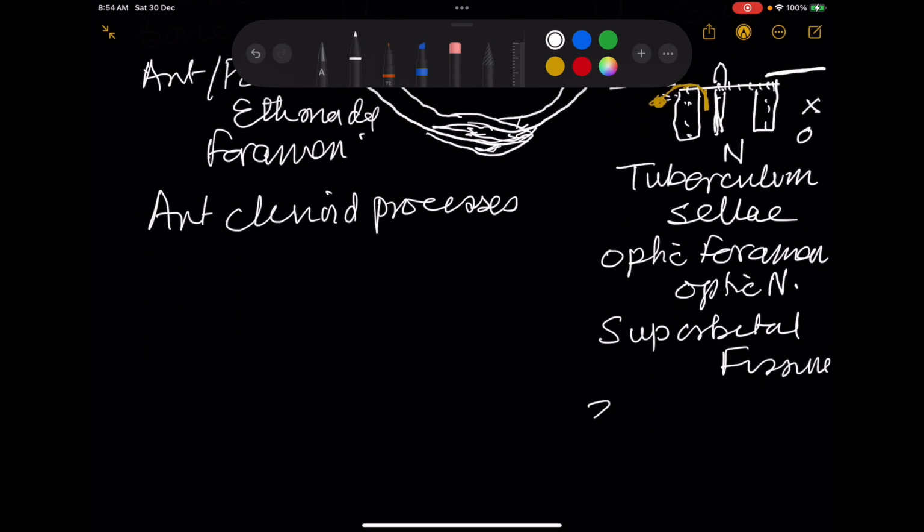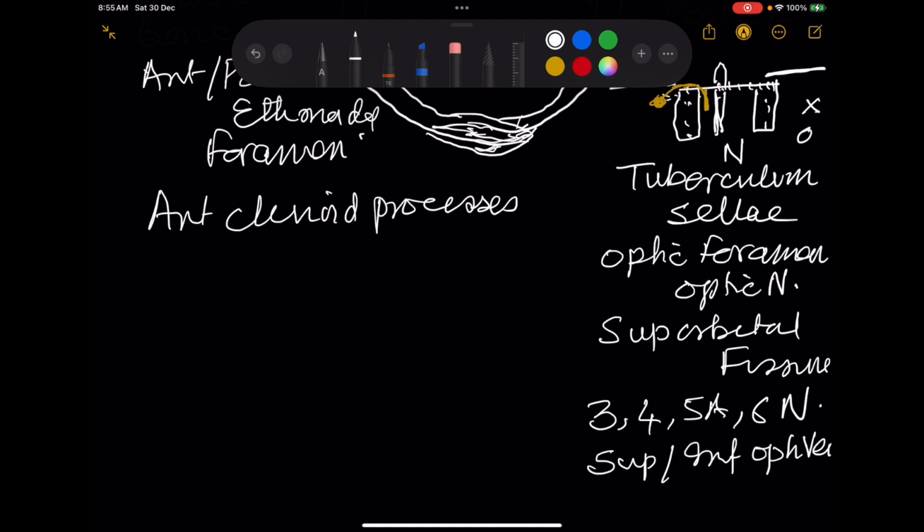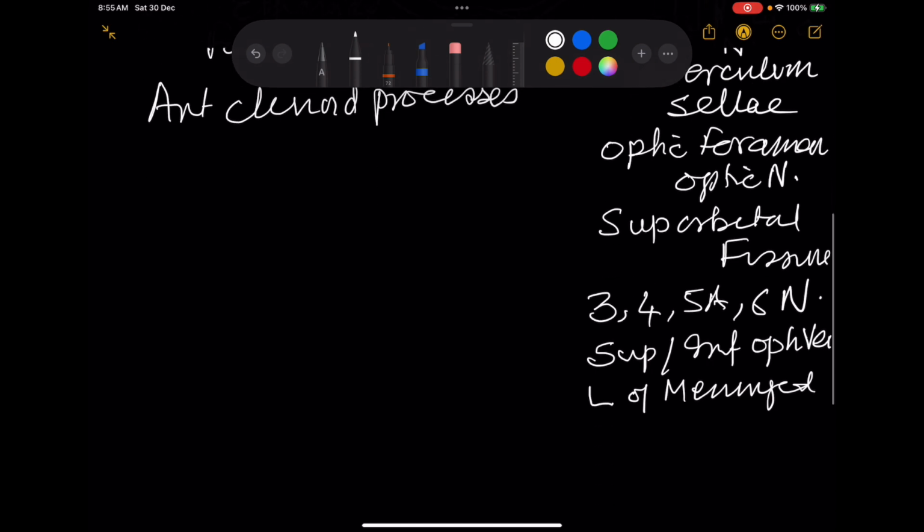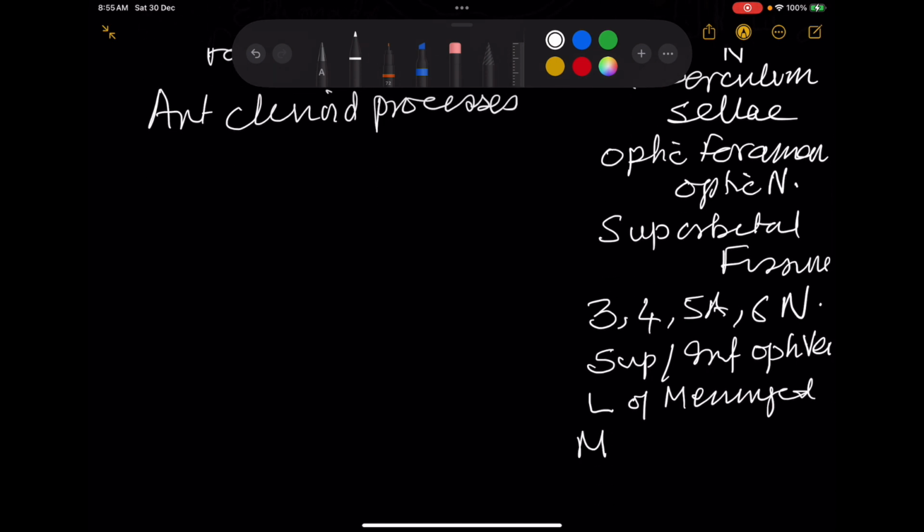which passes the third, the fourth, the fifth A and the sixth cranial nerves, the superior and inferior ophthalmic veins, the lacrimal branch of meningeal and meningeal branch of lacrimal artery.